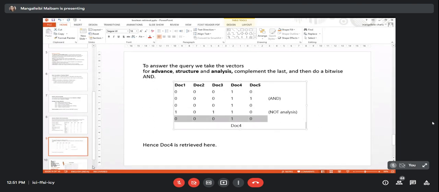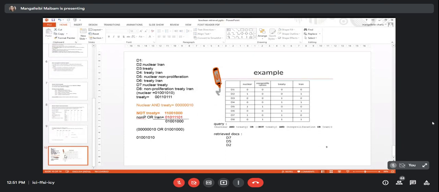Okay. Now we'll see one more example. So one more example is shown here. We have 8 documents here. The first document contains no information. So no terms are there in D1. It is given as a blank document.